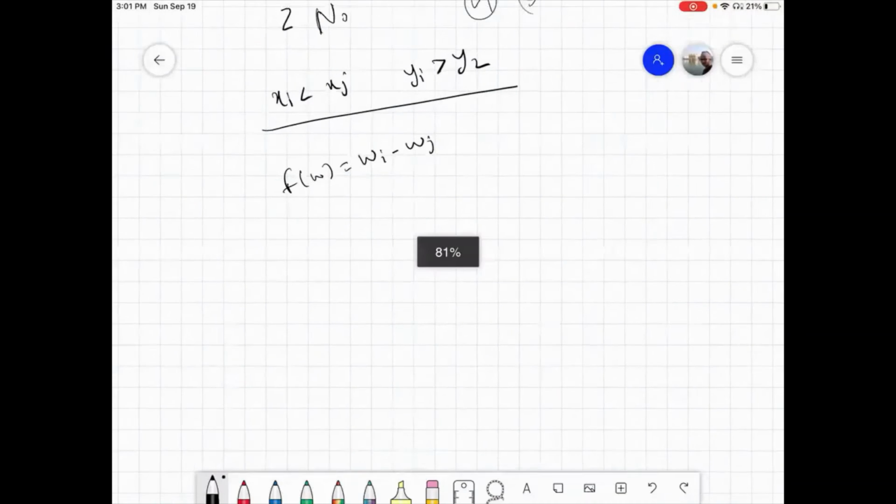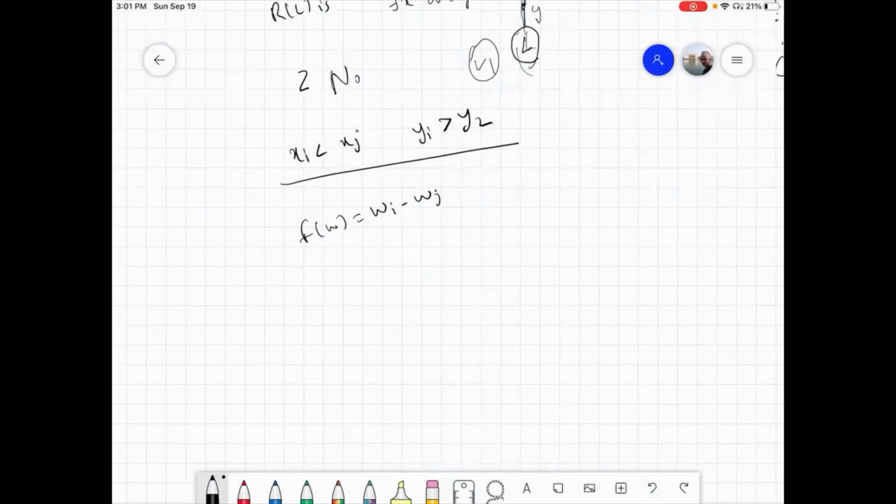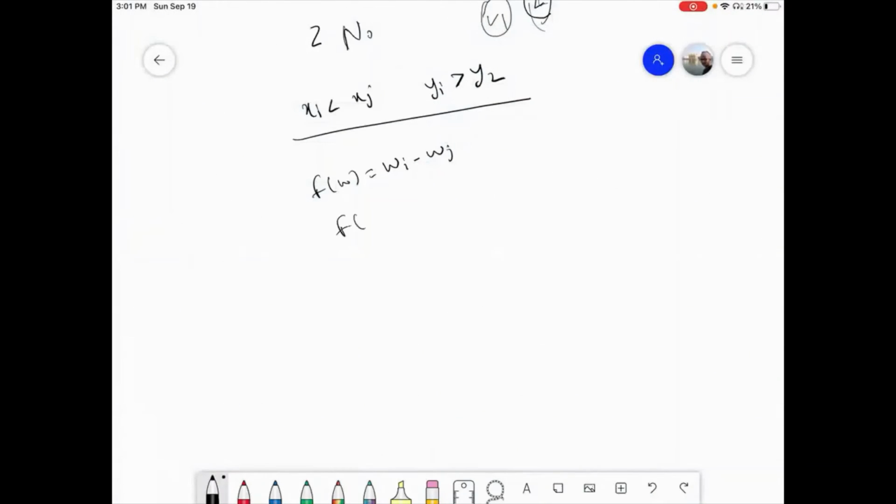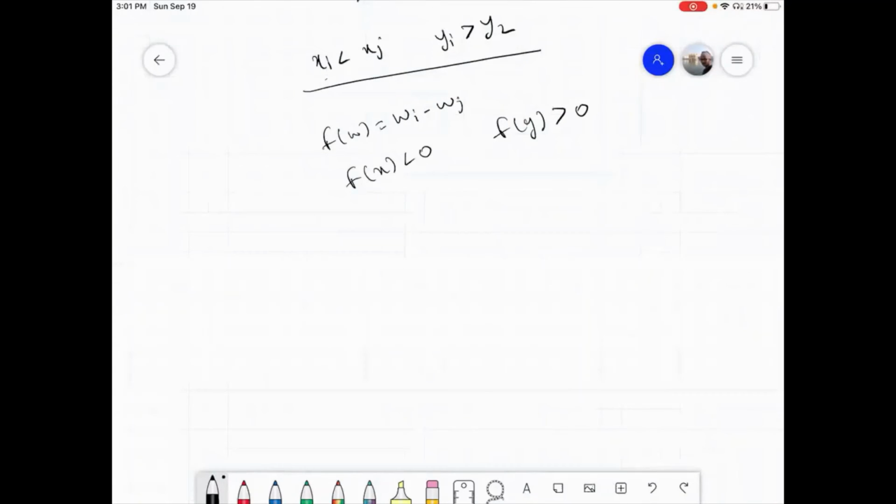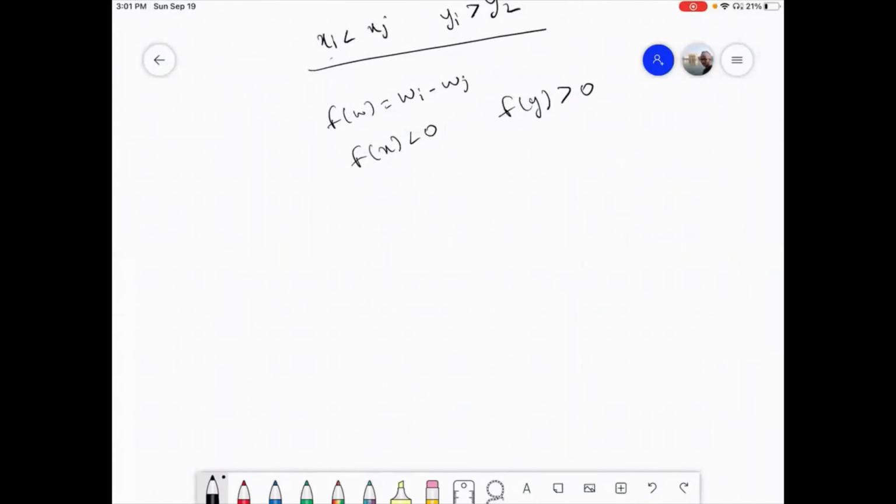When you apply this function on the instances x and y, you end up having f of x is less than 0 because xi is less than xj, and f of y is greater than 0. So by the mean value theorem, we can say that there exists a point z such that f of z is equal to 0, right?